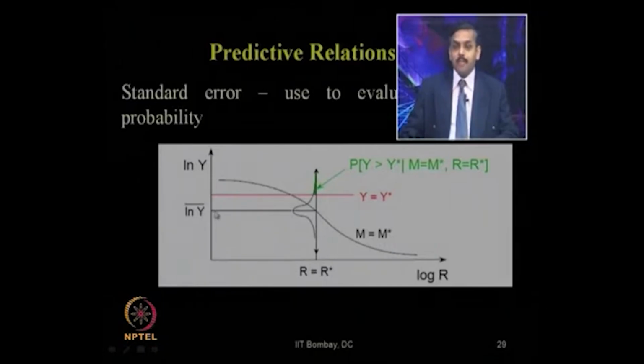So, we have to find out the value of y star from here. Let us say this is the value of y star. Okay. So, this is the line which we are having, y equals to y star. So, more than that, whatever probability we have, the shaded area, this green color shaded area will give us the value of that probability, right. Clear?